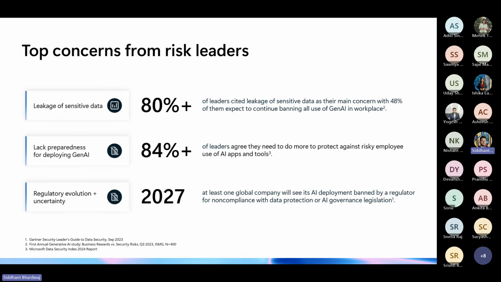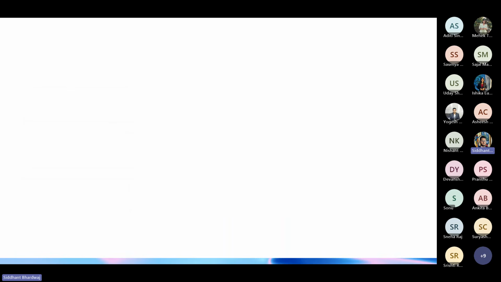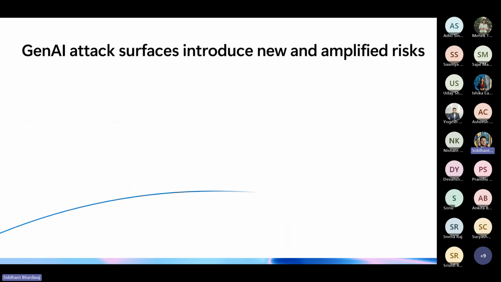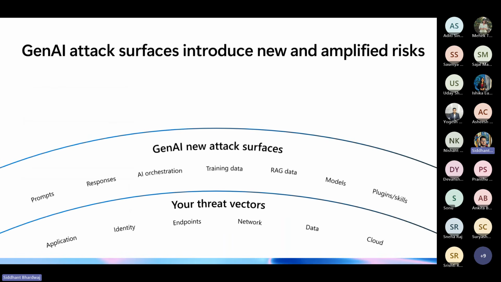It can be regulatory, it can be non-regulatory, but this is a prediction that could be taken from the Gartner security leaders report, or this year there was even a generative AI study which compared the business rewards versus the business risks. Now, looking into all of this, how do you prepare when generative AI is a new area?